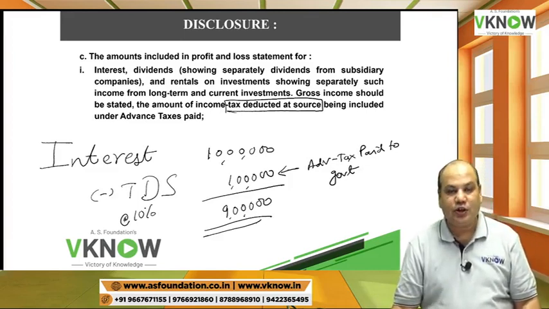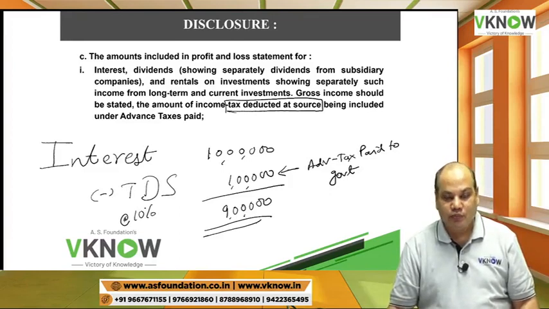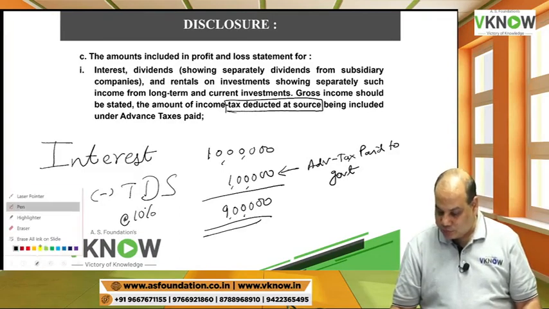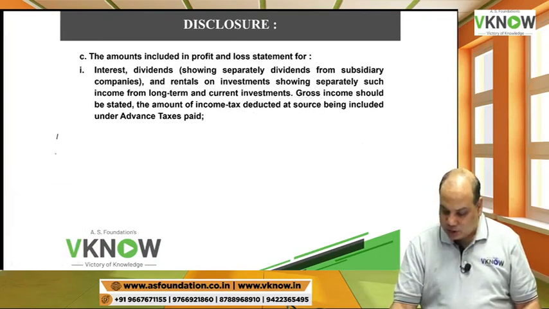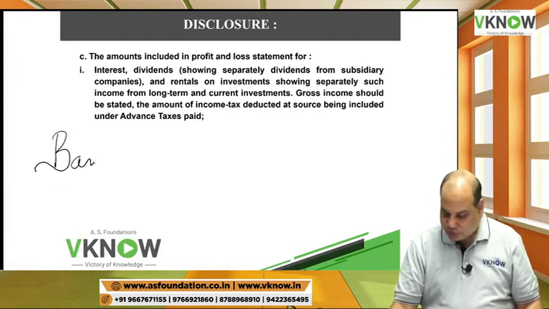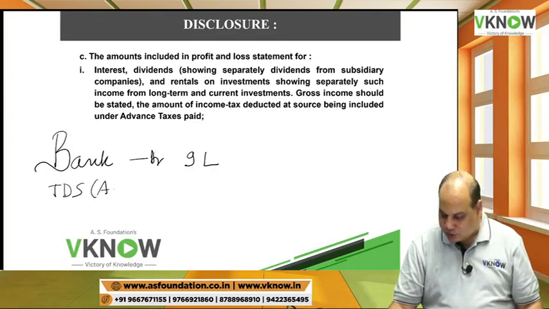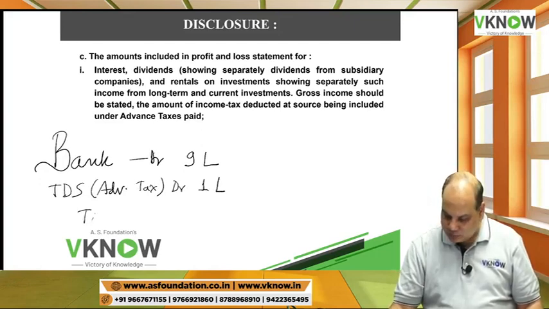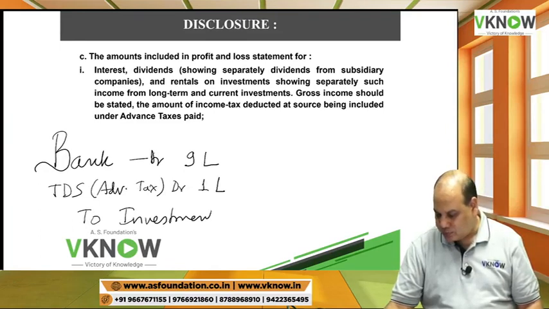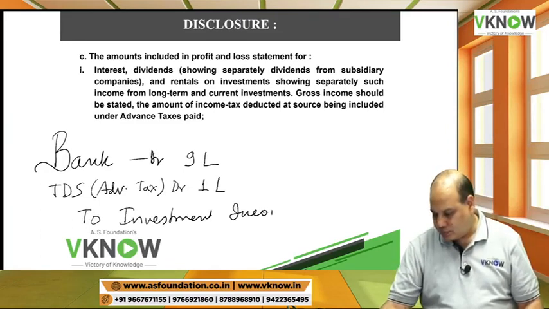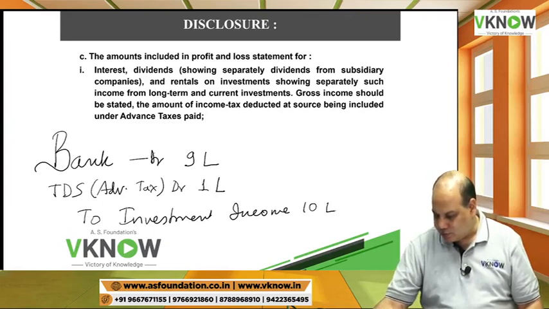So what is the treatment in the books of account? In the books of account, the treatment would be like this. Bank account debit 9 lakh, TDS or advance tax debit 1 lakh, to investment income 10 lakh.